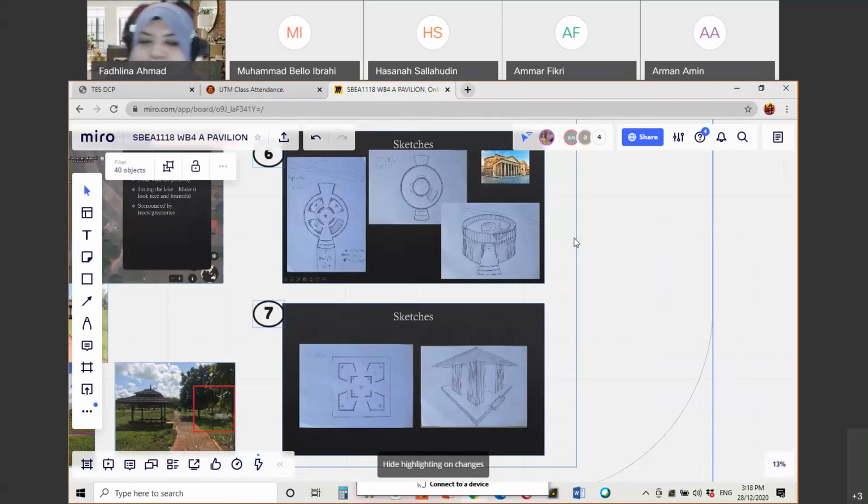The spiral one, the pavilion assembled the sculpture that you chose. Is the pavilion related to the sculpture?